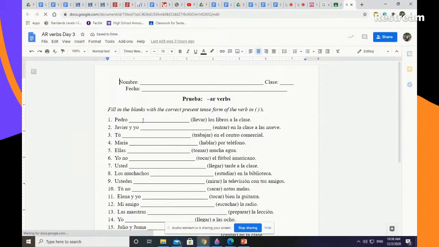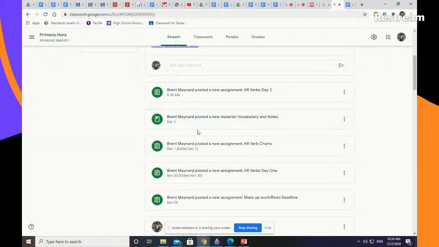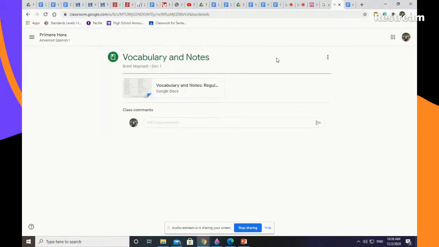So, Pedro llevar los libros a la clase. I know I need to ditch the AR right away. So I type L-L-E-V. Now I need to pick out my ending based on Pedro. Let me look up my notes.